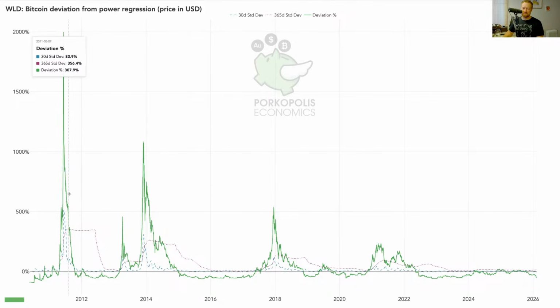So these are the deviations from the power regression, the actual OLS. And I think this is also helpful. Okay, so a technical trading view person would draw lines here and try to predict where the top would be later on. Fine. But obviously you can see that the deviation from the power curve has always changed.